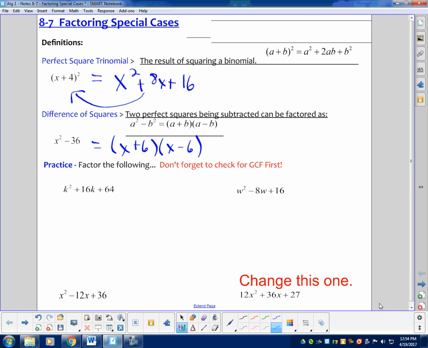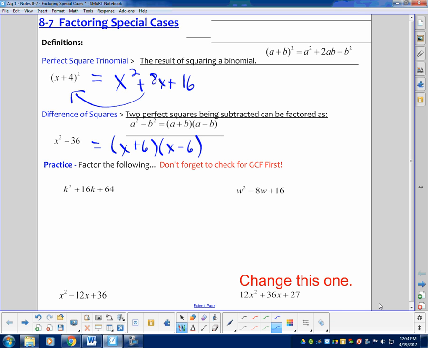Before I show you the shortcut here, let's talk about how we would factor something like this before break. Notice, what's the number in front of the squared term here? 1. So can we factor it with just our x? Yes.